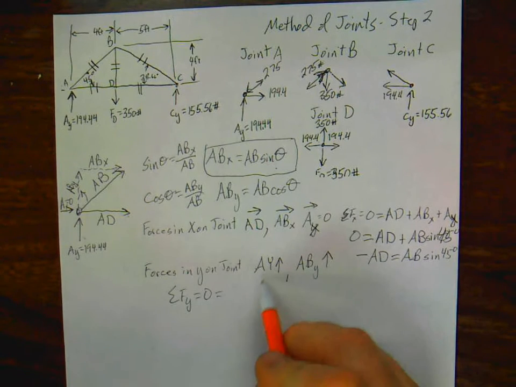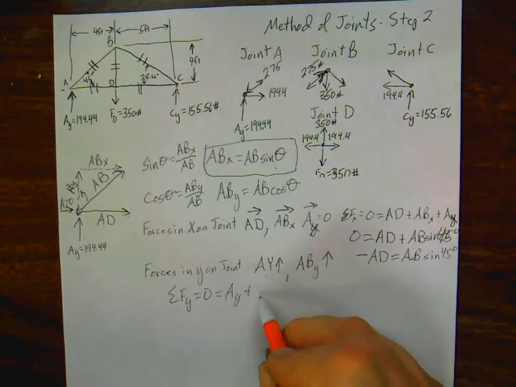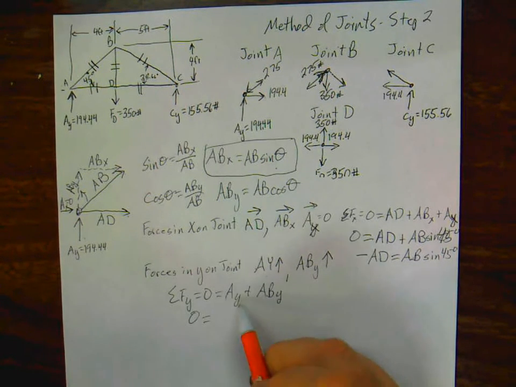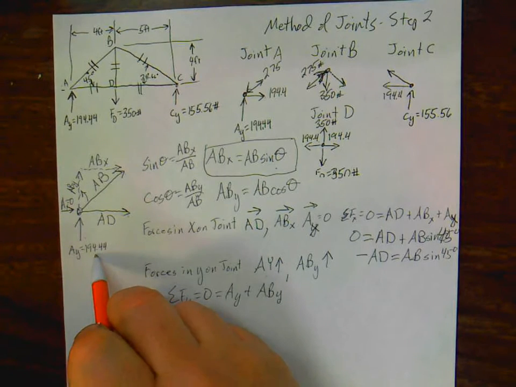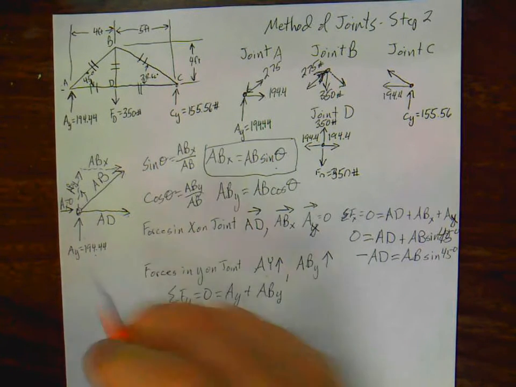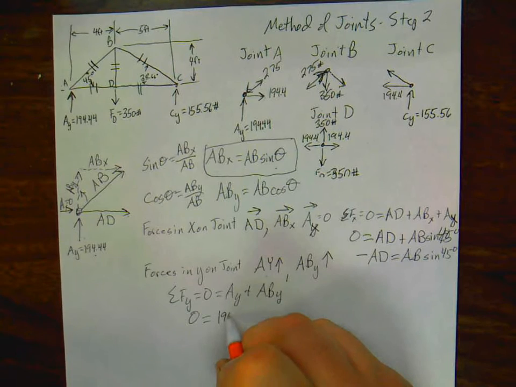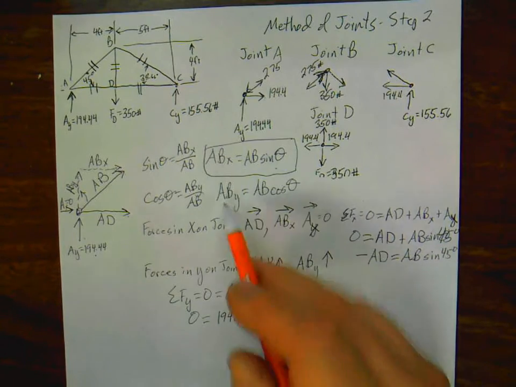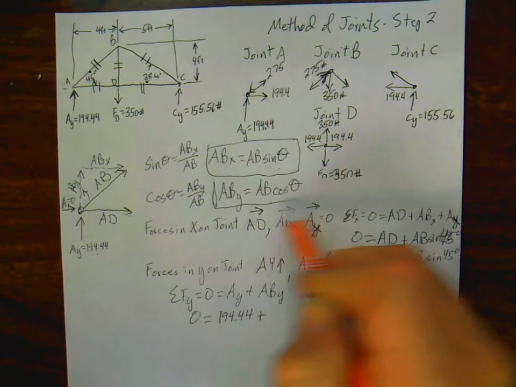And again, we will substitute. 0 equals our AY value, 194.44, plus the ABY, which we've determined up here to be AB cosine of theta, which is 45 degrees.